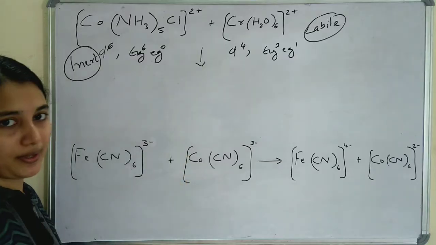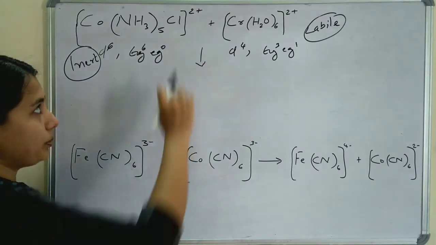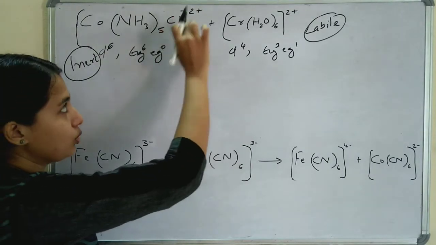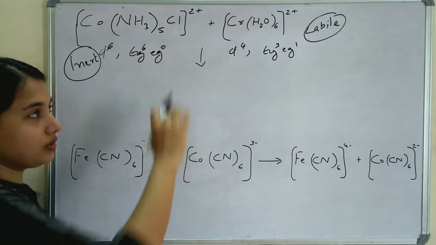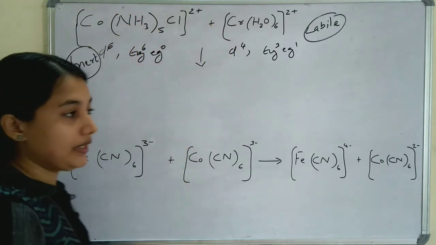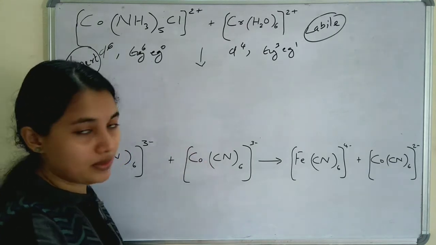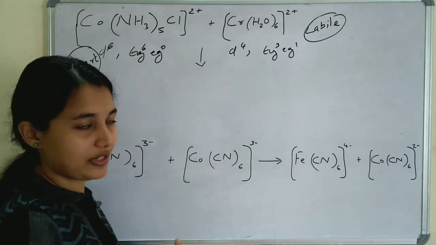Now we can write the mechanism of the reaction between these two coordination spheres. The bridging ligand is chlorine, which is shared between the chromium complex and the cobalt complex. In the outer sphere mechanism, the coordination sphere is not changed, but in the inner sphere mechanism, the coordination sphere is affected.